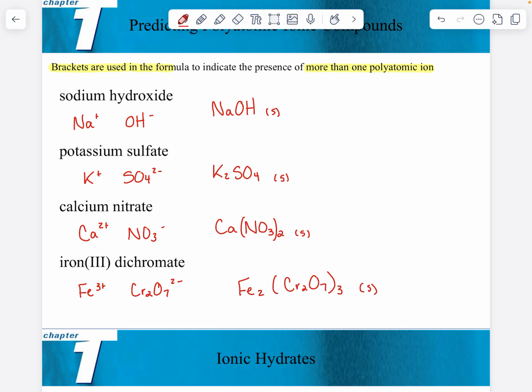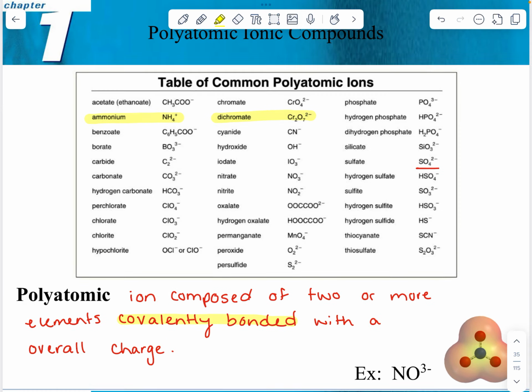Okay, so a good indicator that you have one of the polyatomic ions and you should be looking at that chart is that often they don't end in "ide." There are a few that do, like hydroxide, for example, but notice sulfate, nitrate, chromate. So if they don't end in "ide", there's a good chance that it's a polyatomic and you should be looking at this chart.